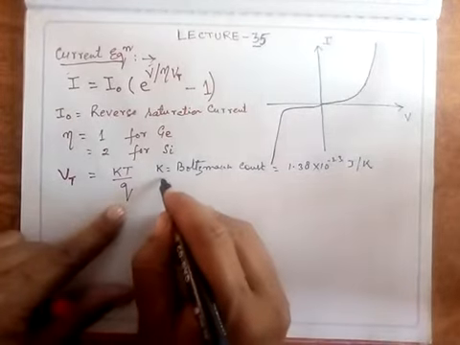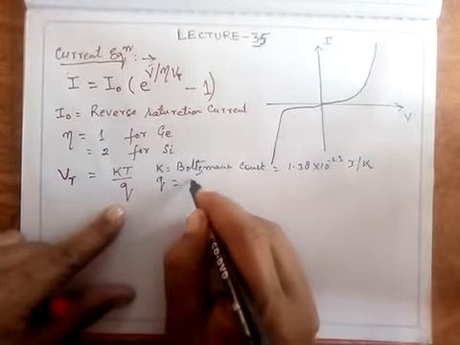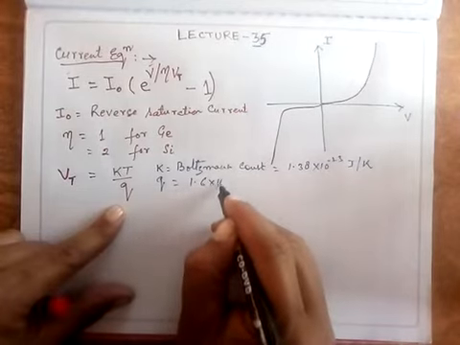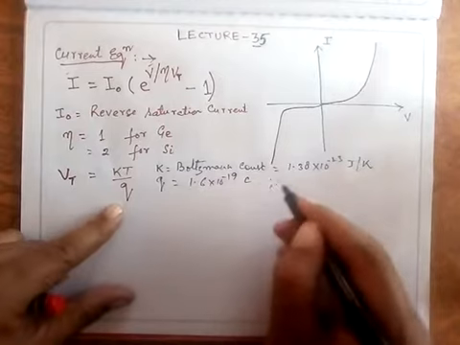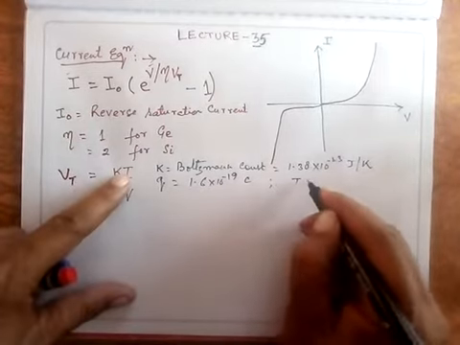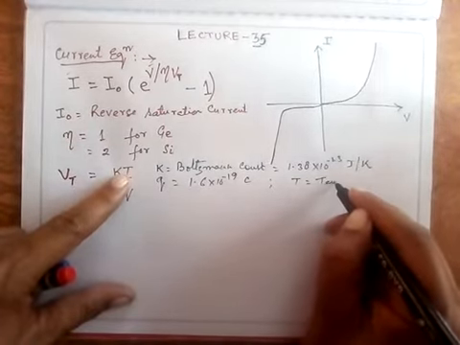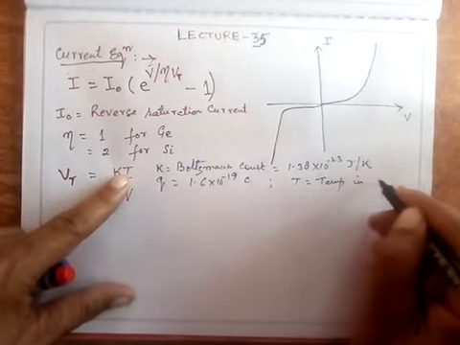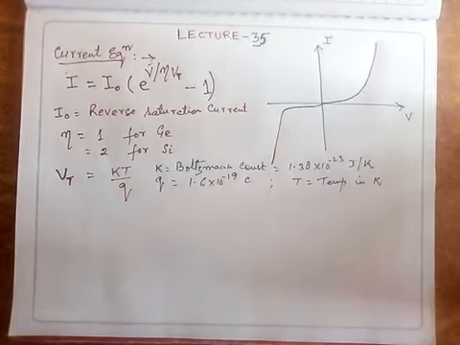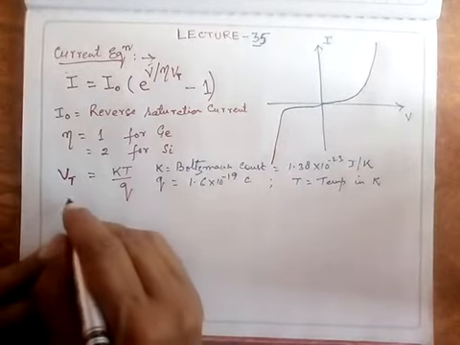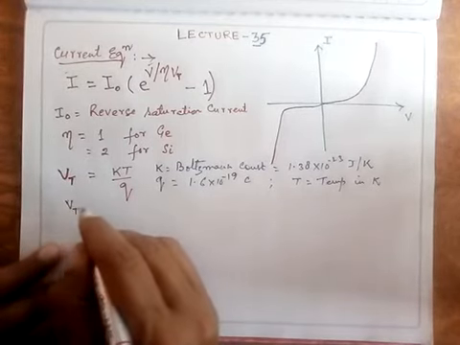Of course, q is the charge of an electron, equal to 1.6 into 10 to the power minus 19 coulomb, and this T is the temperature in Kelvin.